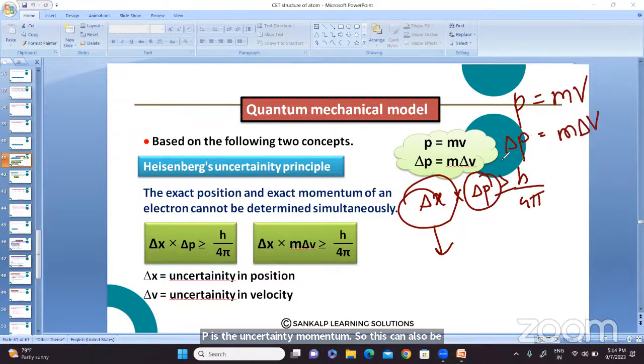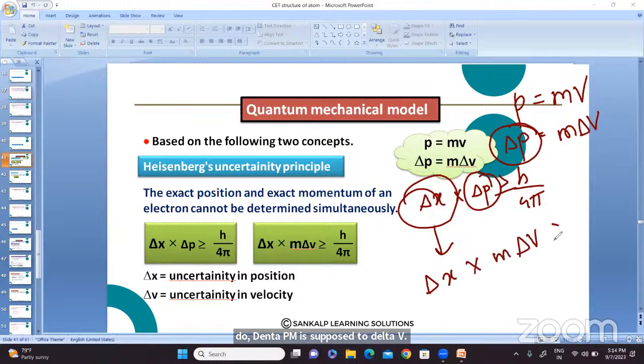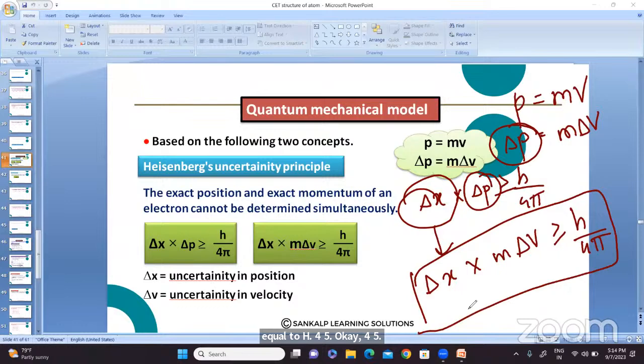So delta x into m into delta v is greater than or equal to h by 4 pi. This is the equation based on the uncertainty principle. At an instant, the exact position and the momentum of an electron cannot be determined simultaneously. This is Heisenberg's uncertainty principle.